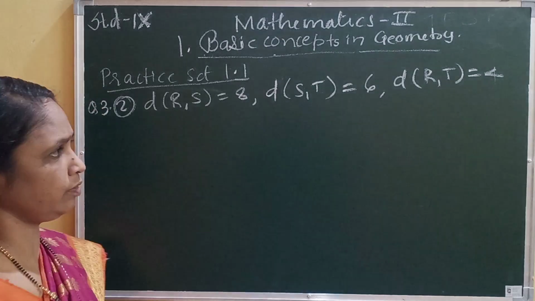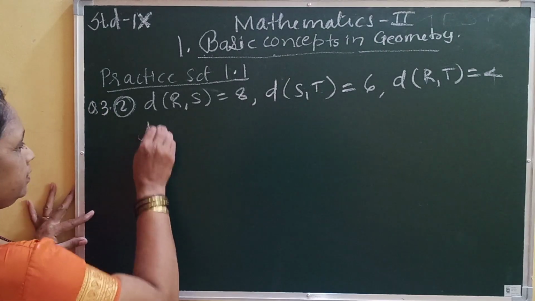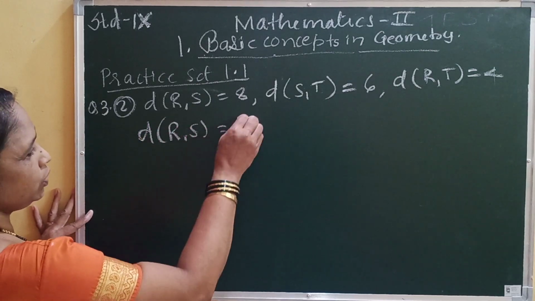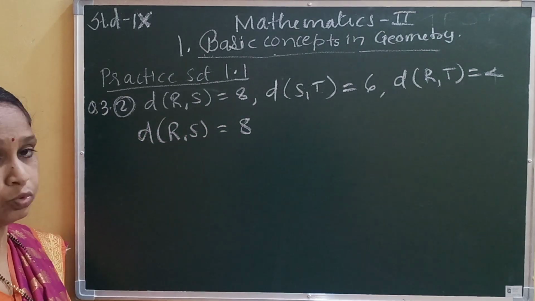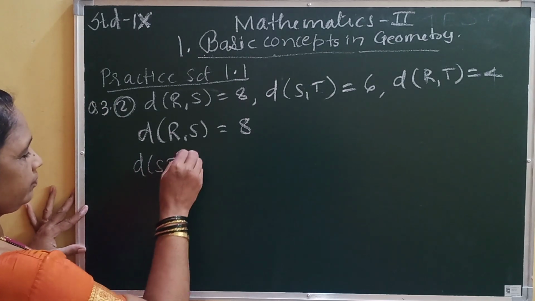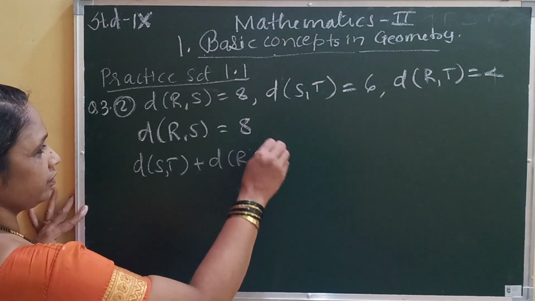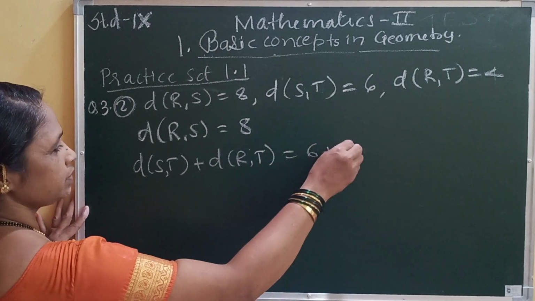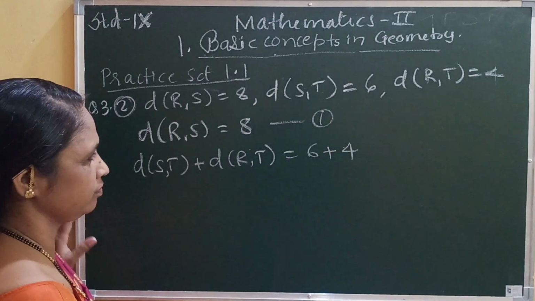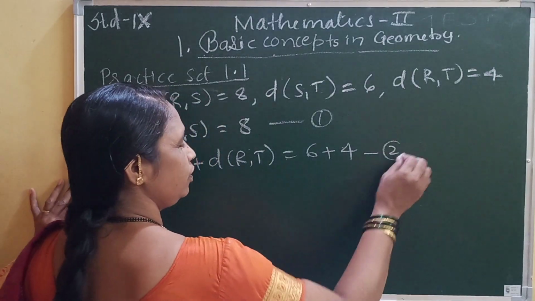First, among these, which is the greatest distance? 8. So distance RS is equal to 8. Now the other two we have to sum. Distance ST plus distance RT will be equal to 6 plus 4. We give this name 1 and this name 2.